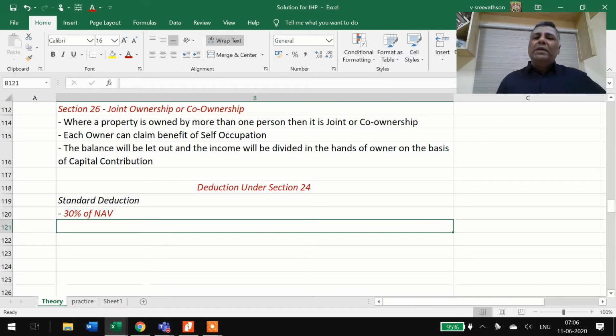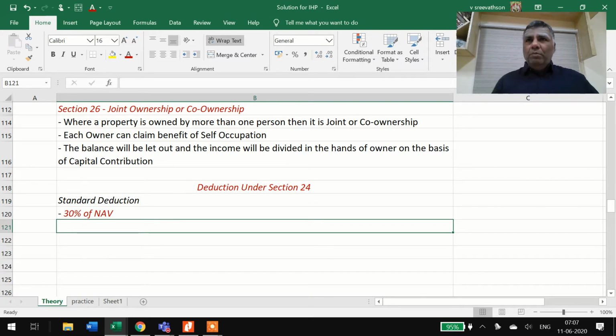Self-occupied properties, friends, because NAV is 0. So for a self-occupied property, standard deduction will not come. The standard deduction is always 30% of NAV, and for a self-occupied property you cannot claim it because NAV of a self-occupied property is nil. That's why it is not there.